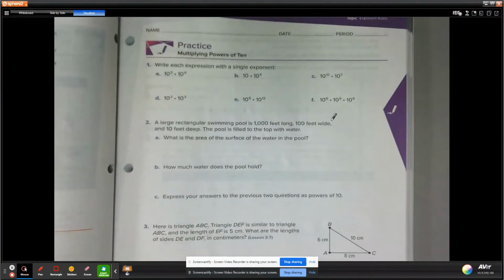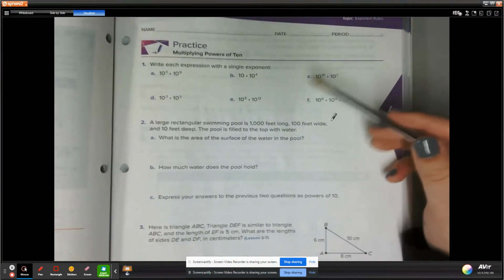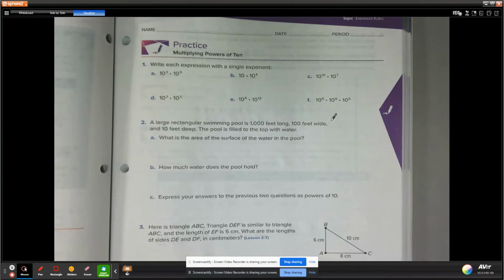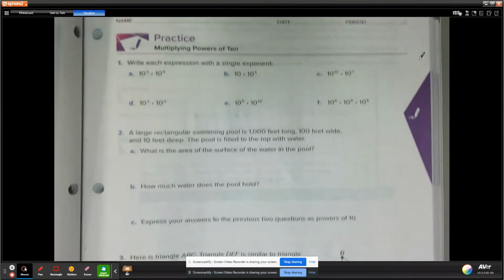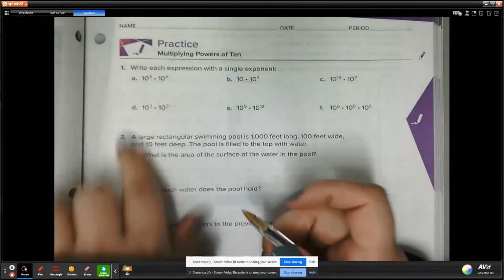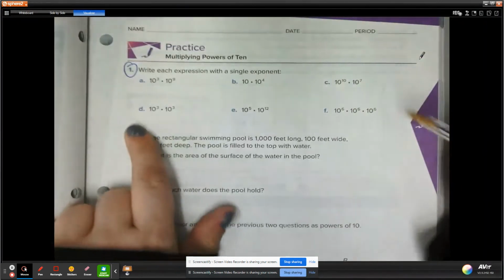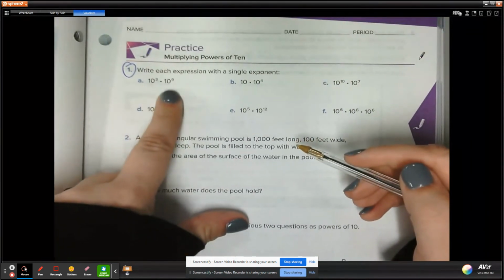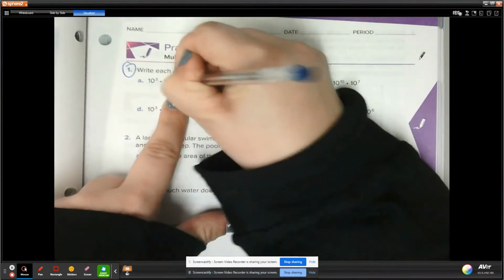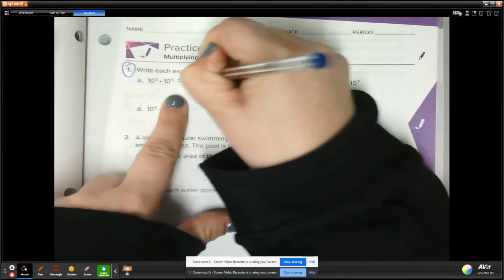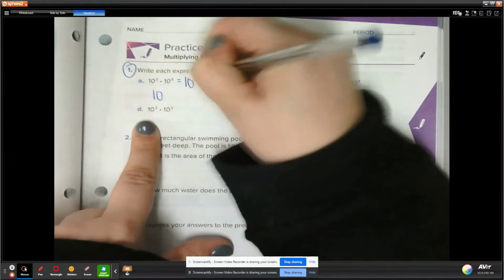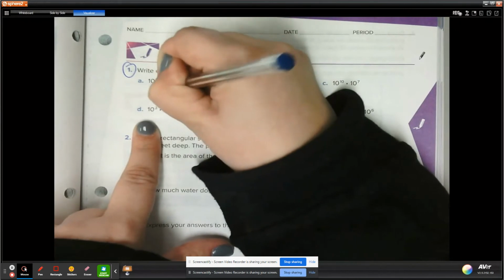Let's look at problem set number 1. Write each expression with a single exponent. I'm going to do a couple with you, and then you're going to be left on your own to finish. So, number 1a, 10 to the 3rd times 10 to the 9th. Well, I know I can go 10 to the 3 plus 9, which is 10 to the 12th power.